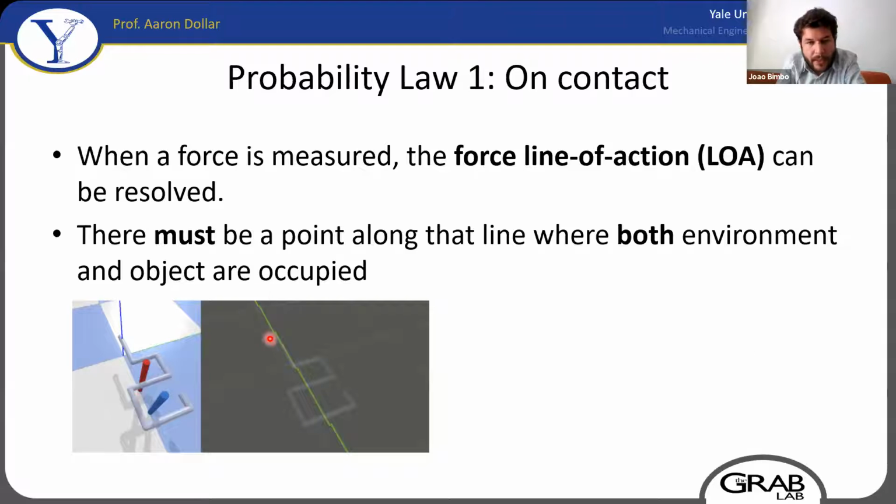So along that line that we discretize into little voxels, little cubes, there's got to be necessarily a point, at least, where there's an obstacle. So there's an occupied voxel in the environment, and there's also part of the object there. So that's why you have a collision. They overlap, and that's why you feel a force.